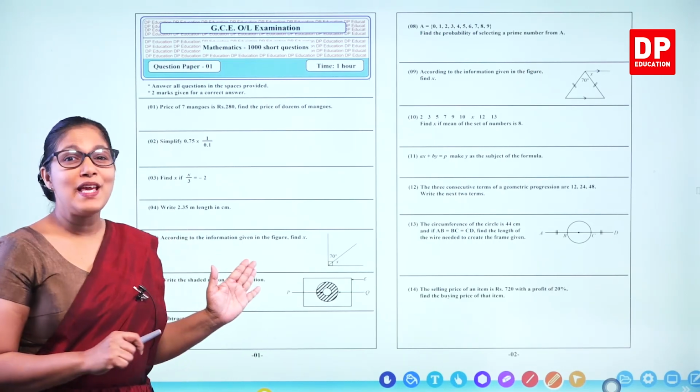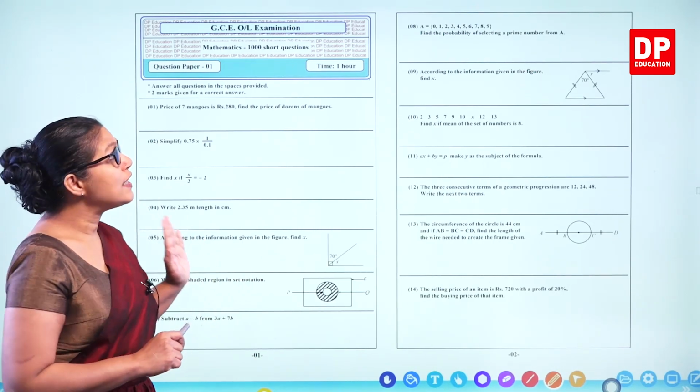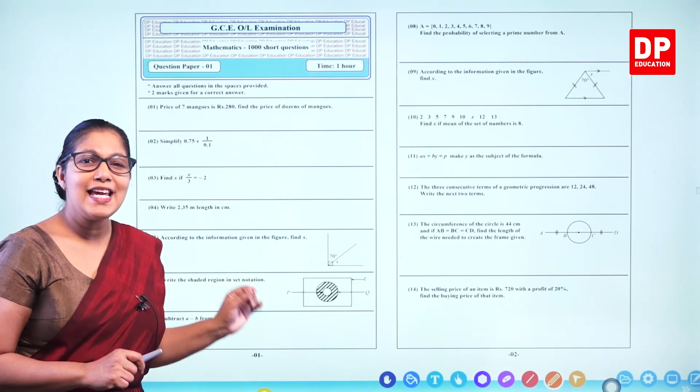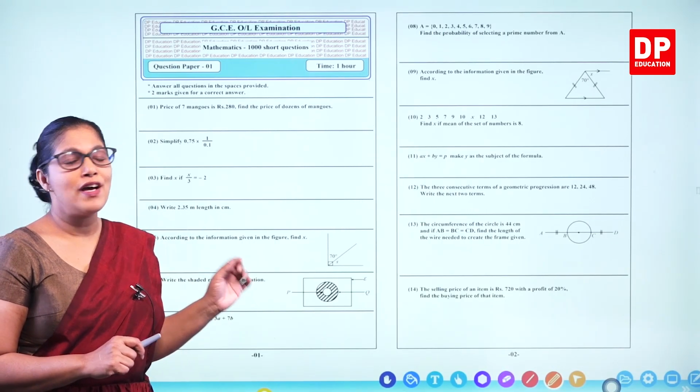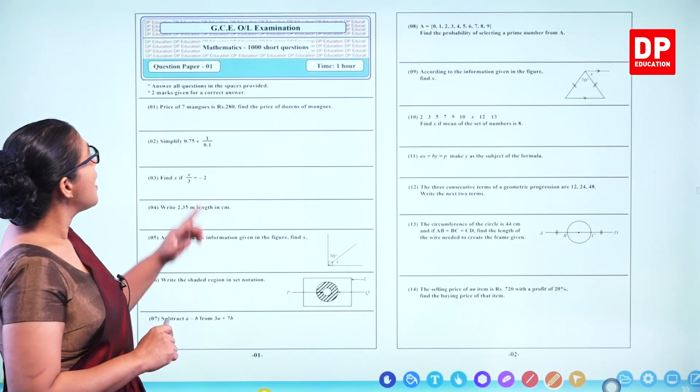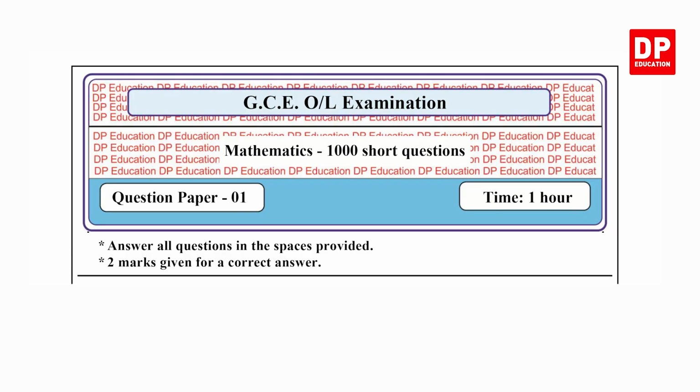So stay with me for all 40 papers. Each paper consists of 25 short questions, you get 2 marks for each question, and the paper is 1 hour.